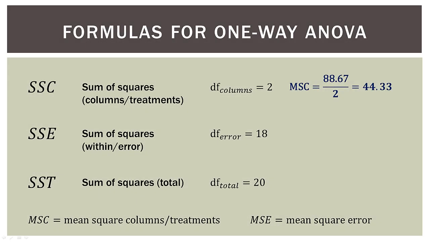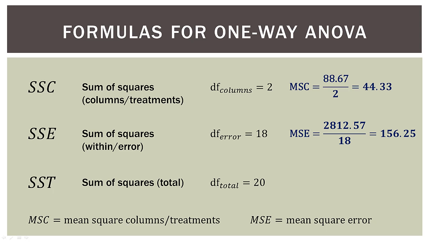Let's go ahead and put in our numbers from Excel. So remember, in Excel, we found that the SSC, or the sum of squares in the columns, was 88.67. Then we divide that by our degrees of freedom, which is 2, and we end up with an MSC of 44.33.